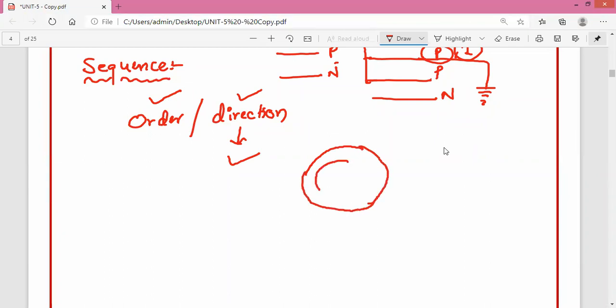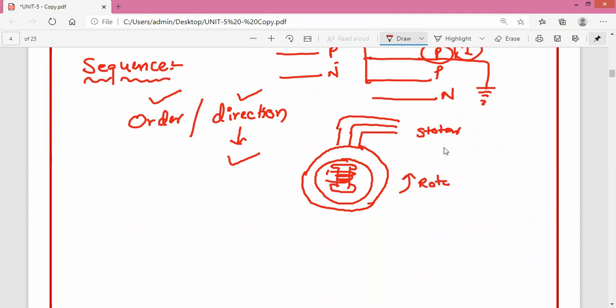In a synchronous machine, the main parts are the stator and the rotor. Which one is stationary in the synchronous machine? Obviously it is the stator. So the stator is the stationary part and the rotor is the rotating part.